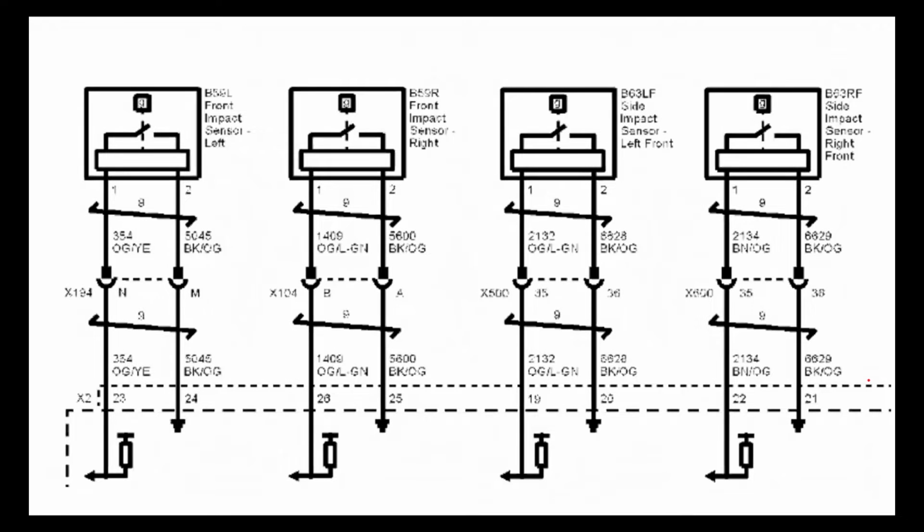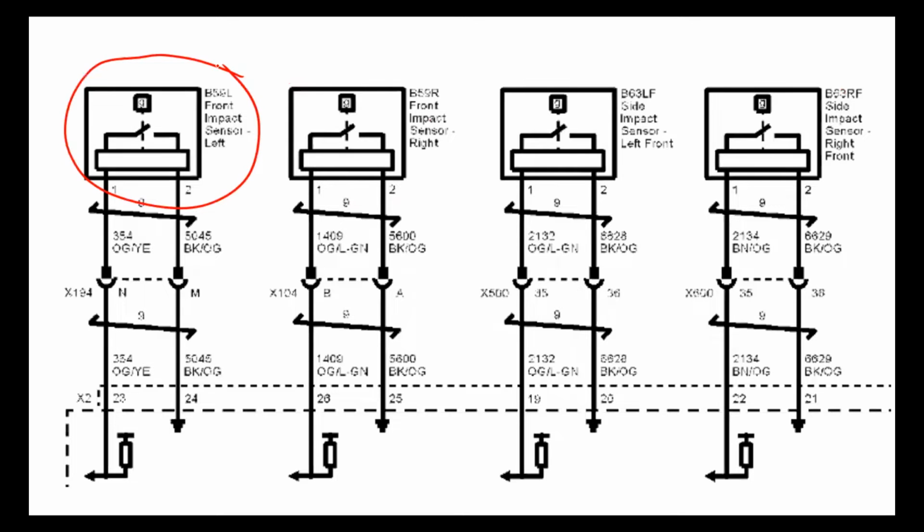This is a wiring diagram for the front impact sensors, and I chose to pick on the front impact sensor, left side. The reason was pretty simple. It's out in the open.